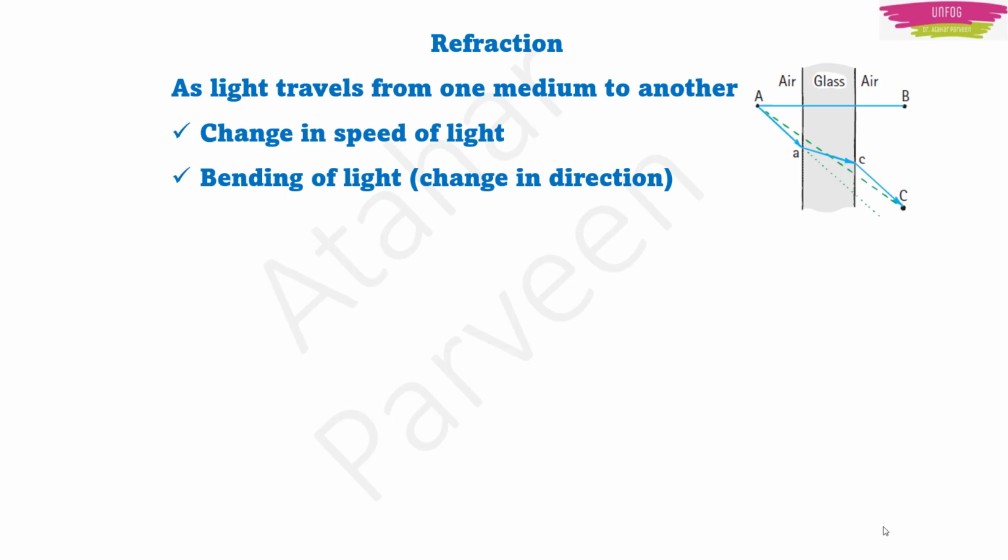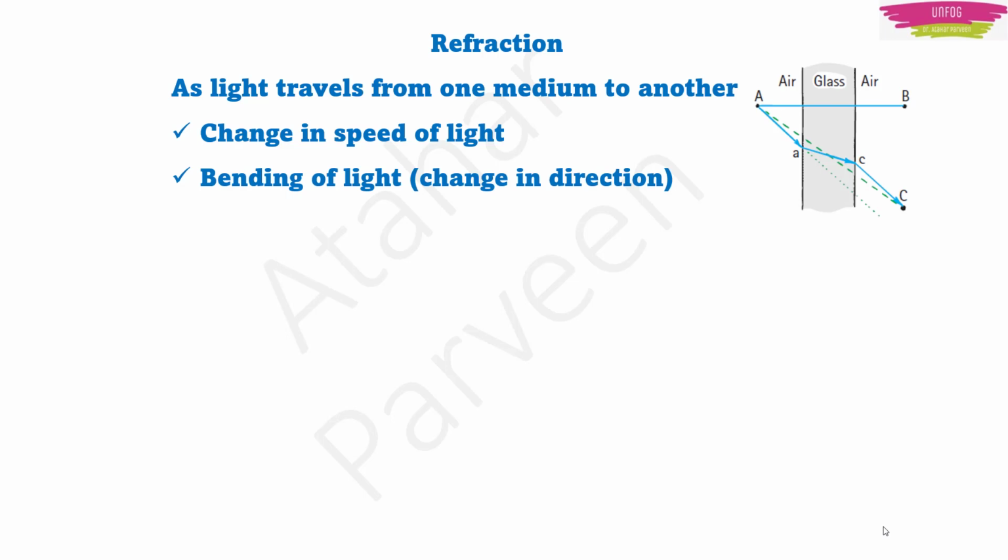Here, for example, air is the rarer medium, right? And glass is the denser medium. Just imagine, when light is moving through air, it moves freely because air is a gas. As it enters the glass, the other medium, which is a solid where molecules are tightly packed, the light will face a little bit of obstruction to pass, isn't it?